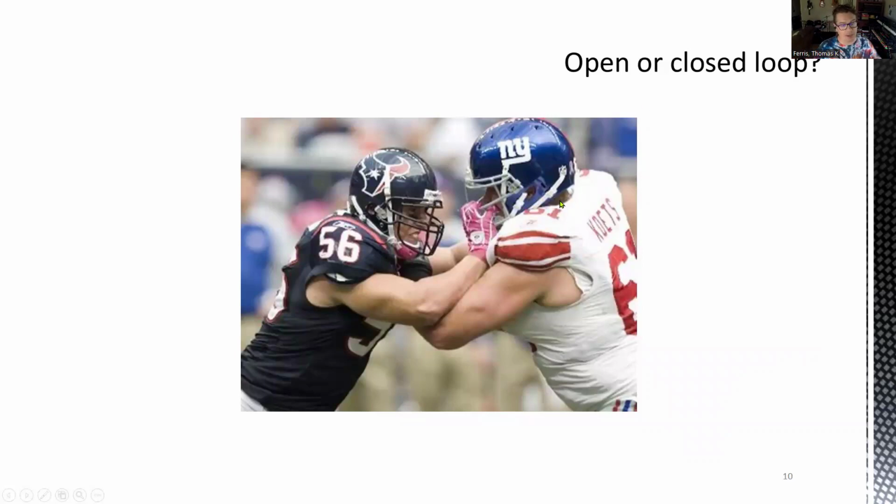I would say to some extent, as they react to each other, it's a closed loop activity. However, if this guy wants to shoot past that guy, if he wants to think ahead and try to get around him, might be more of an open loop sort of activity because, hey, I'm going to shoot that gap there. I'm going for it. I'm not adjusting things as I go, really.